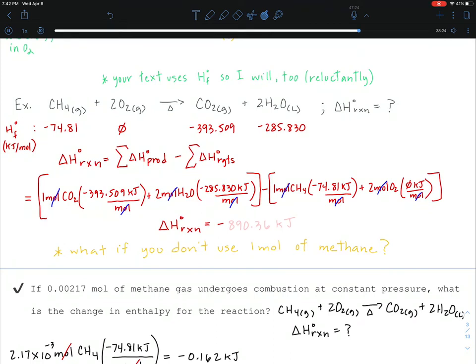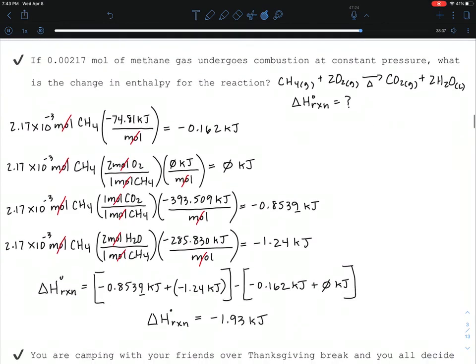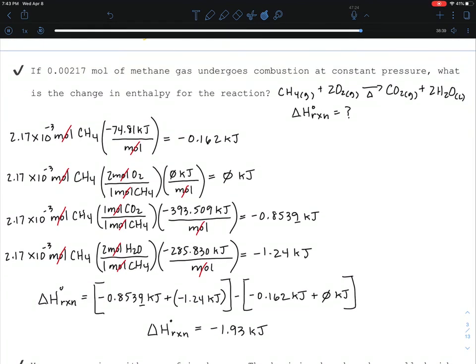Negative 890.36 kilojoules. That makes a lot more sense now. Okay. Sorry about that. But notice how we have less energy associated with the overall reaction when we use less moles of our starting material. That just makes sense, right? Because this is on a per mole basis.